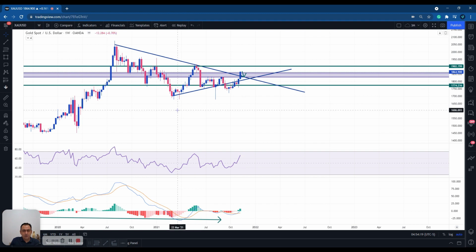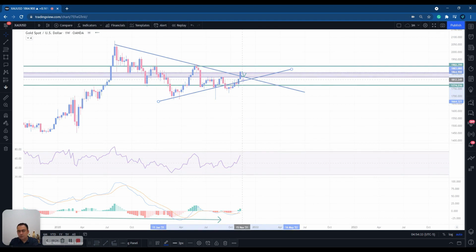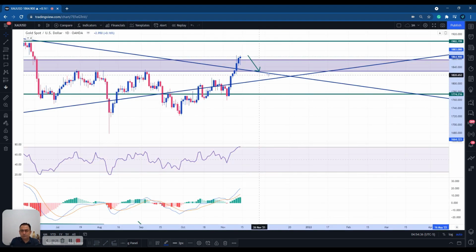Going to the candle chart again. So now this will act as the support. Got it. So this area is the area of support now, from 1870 to 1830.